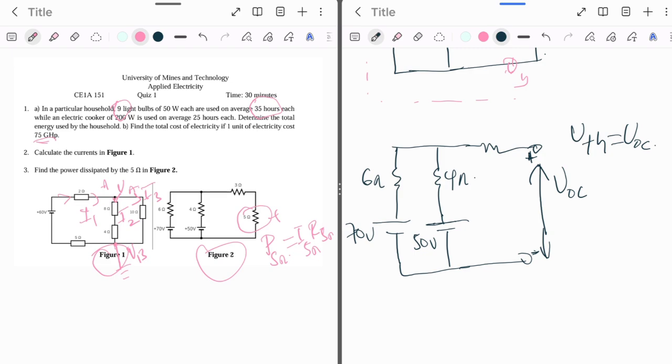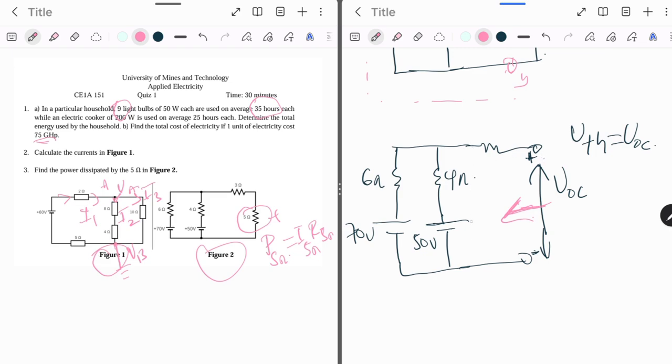Now in getting this open circuit voltage, we are going to look through. When you look through this, because here is open, there's not going to be any current that will pass here.